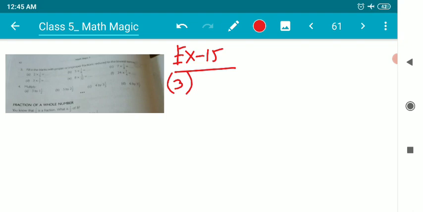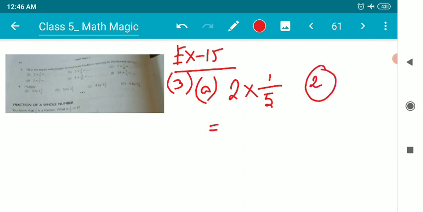Children, we are given some questions to multiply, to find the product of the numbers 2 into 1 by 5. This is to find the product of one whole number and a fraction. So you might be thinking, 2 is a whole number, so can we say that 2 is a fraction as well?